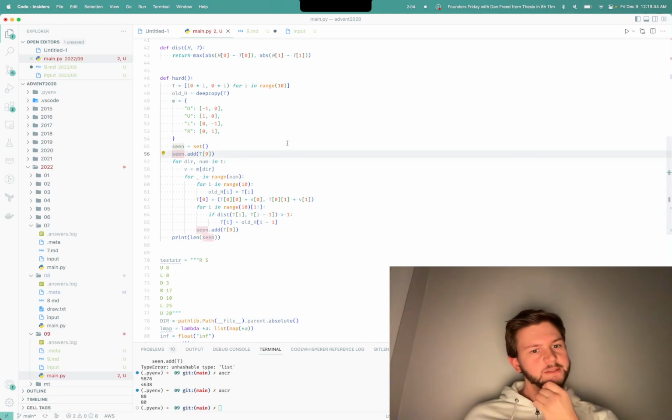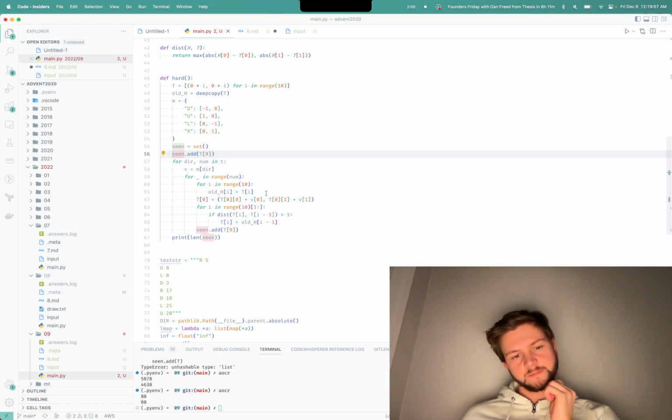Dean is adding T9, which is old age is the previous. You copy T. We're doing the same thing here. T0 gets, now we're starting with the first. If the distance of the first and the zeros is 1, then the first is the old.